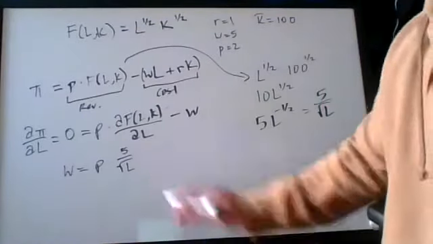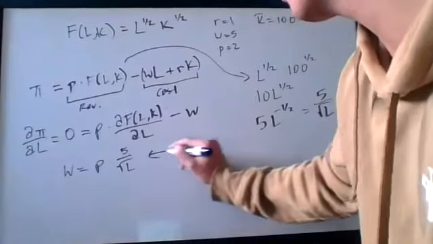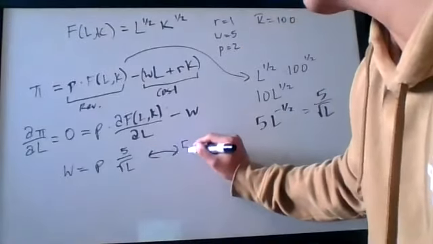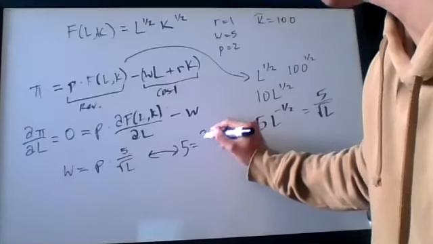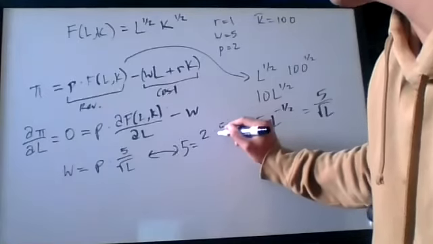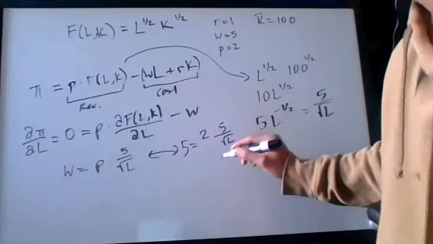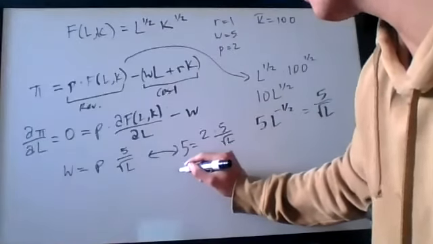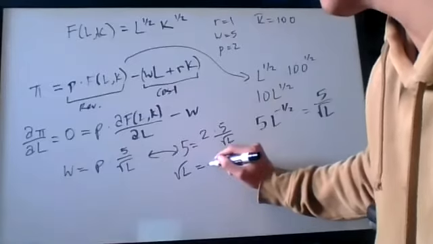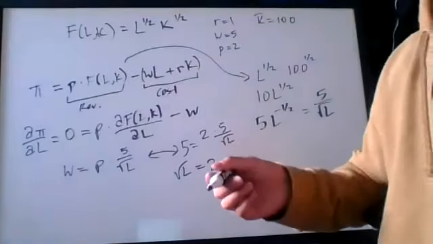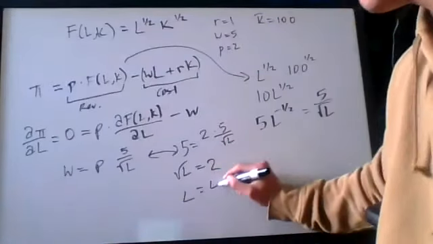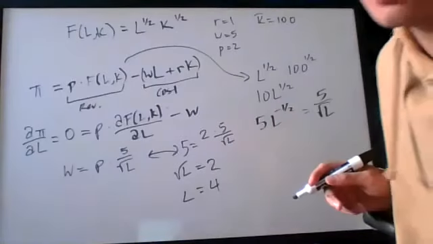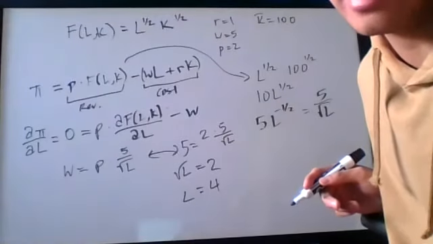And so I can plug in my variables. I get 5 is equal to 2 times 5 over the square root of L. So basically, after some working around, the square root of L is equal to 2, and so L is equal to 4. That's how you would solve a problem like that.